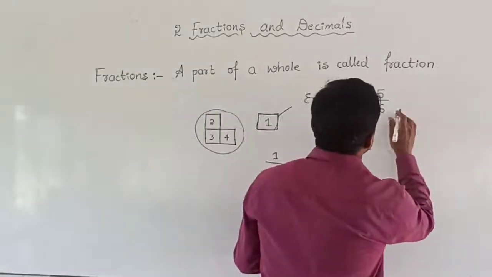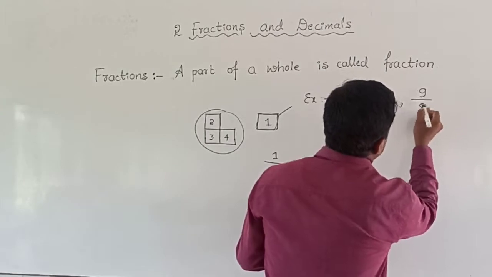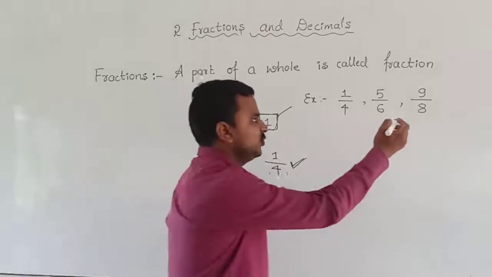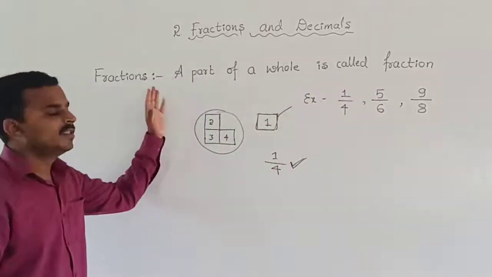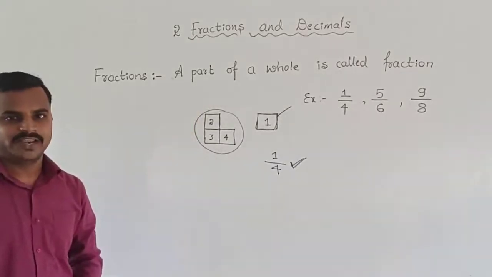And next, 9 by 8 is also an example of a fraction. Similarly, you can take some more examples. This is about the fraction. See, the definition of fraction: a part of a whole is called a fraction.